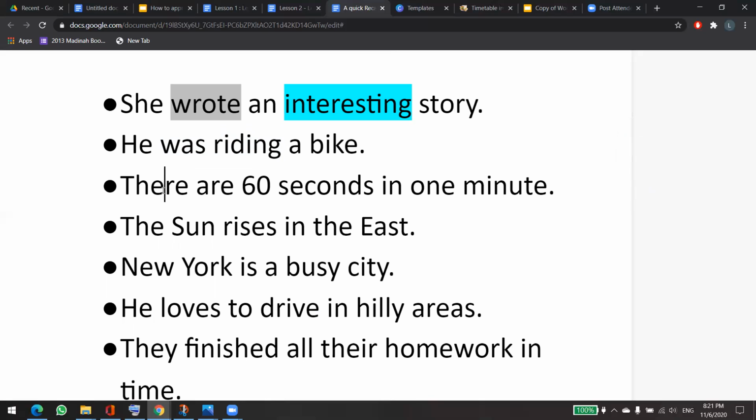Their, pronoun, ism. 60 seconds. Adjective, again, ism. 1 minute. Quantitative adjective, so again, ism. Sun is ism. Rises is telling you that it's present indefinite tense, right? So it's present, so it's a fail. Time is also mentioned.